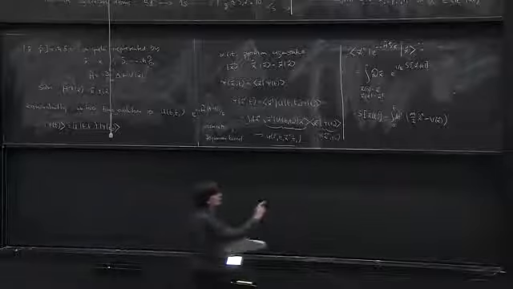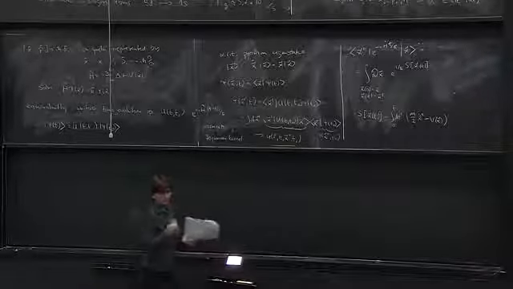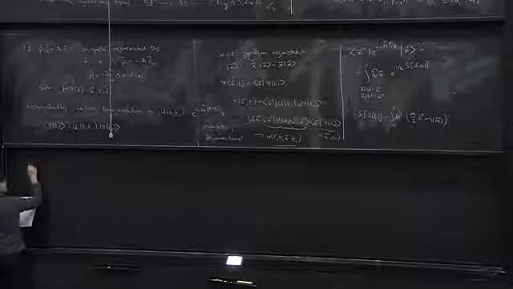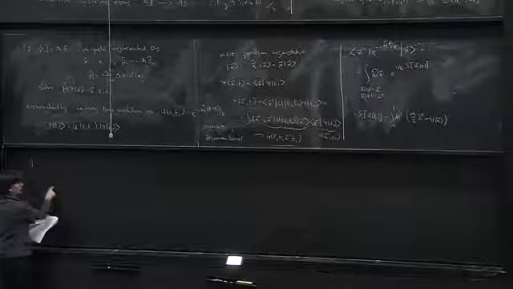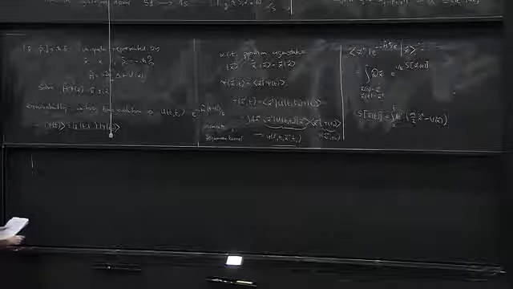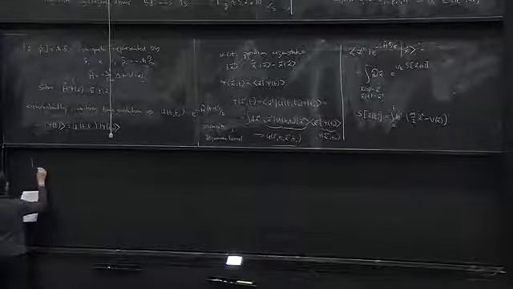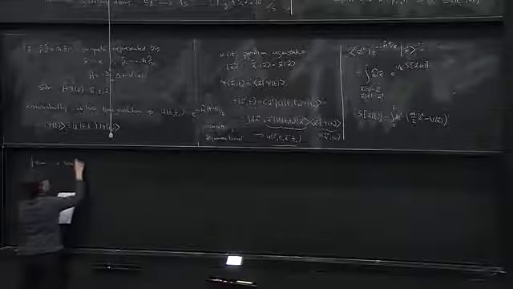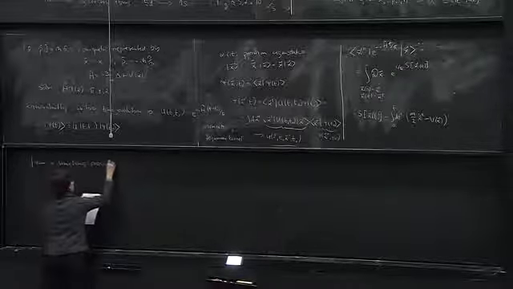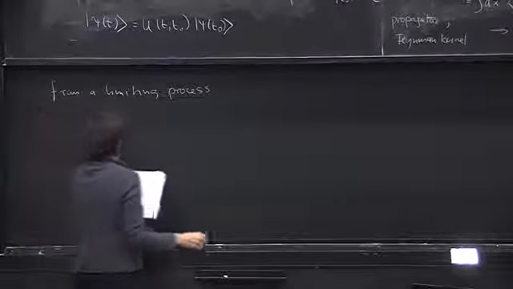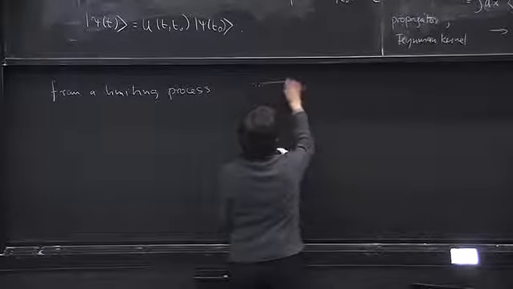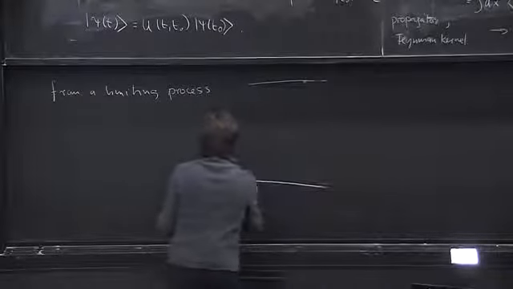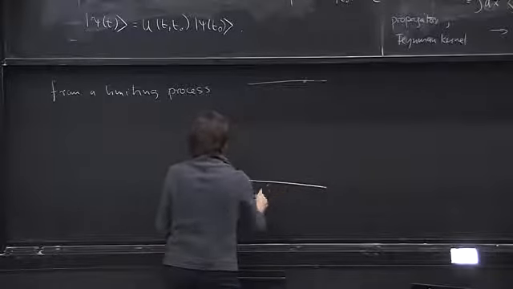Now, the canonical way of defining this path integral goes as follows. This is my background blackboard. So we're getting this from a limiting process, where, let me draw a little picture. So let this stand for the x direction.